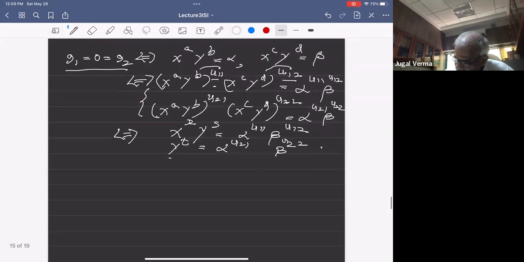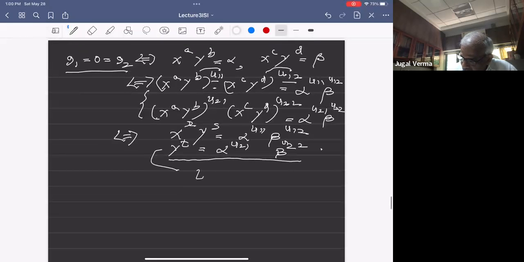Now this last equation involves only Y; X has disappeared. So I have reduced my original system of two binomial equations into a triangular system. The last equation is Y^T equal to some complex number, so it has T distinct solutions.